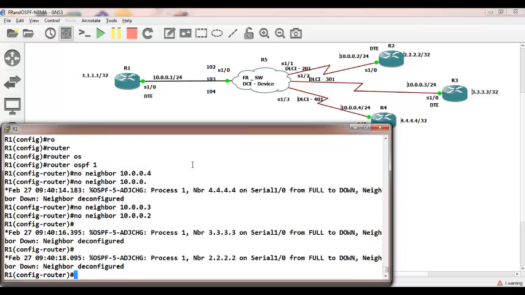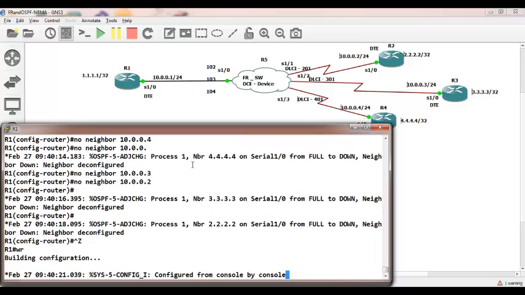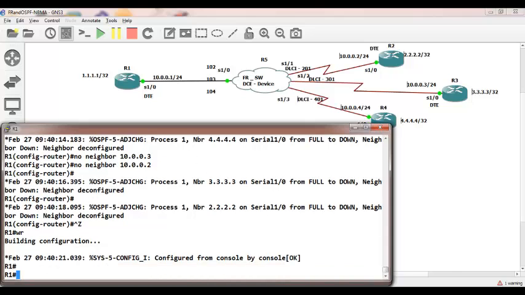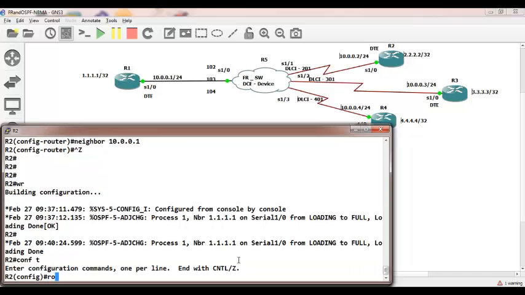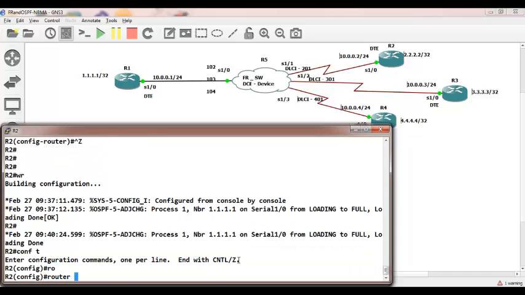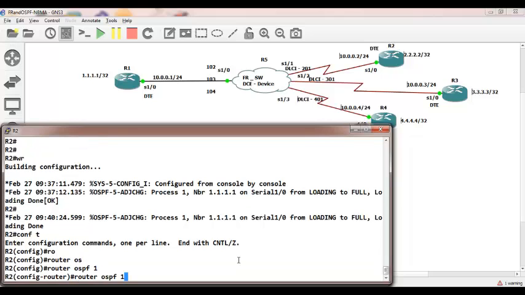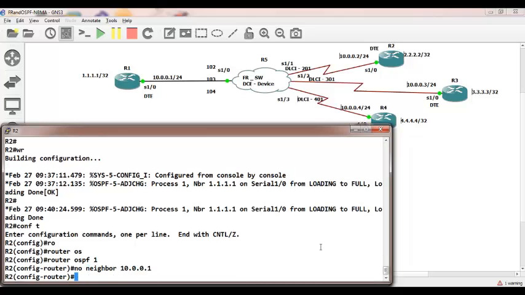Likewise, I'll also remove. Hope you recall what we learned yesterday. We saw for the next one, point to multi-point, the neighbors are dynamically discovered and there is no DR and BDR election, because it's hub and spoke.